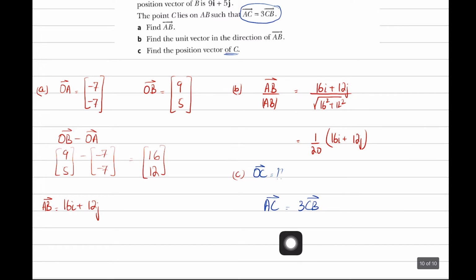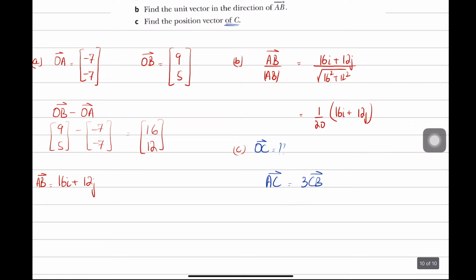Now here's a task for you guys. Can you break down AC for me using the position vectors of A and C? OC minus OA. That's correct. OC minus OA will give us AC. Perfect. Just like that, can you break down CB for me? Perfect. OB minus OC.